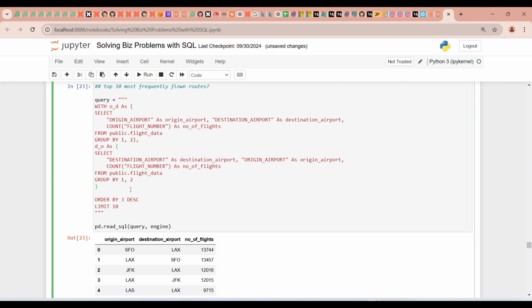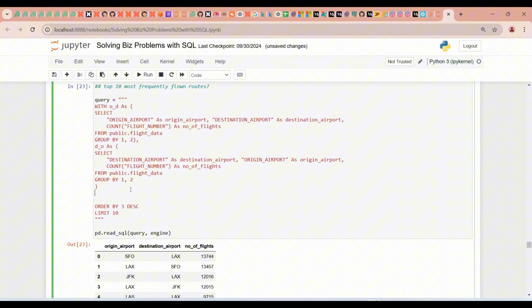So what we're going to do is this. We'll now say select origin airport, destination airport.